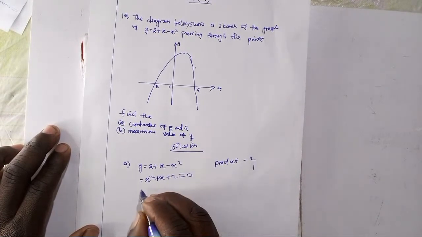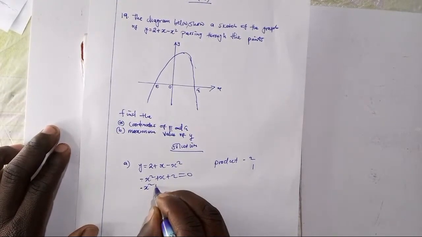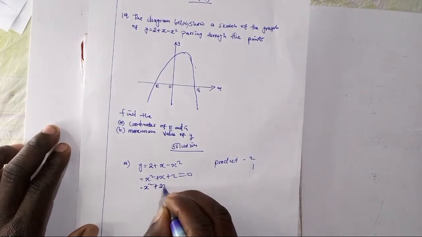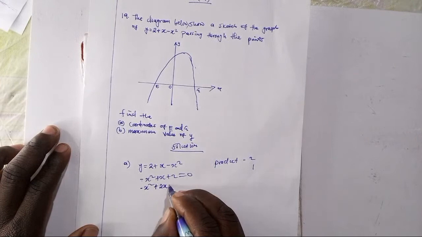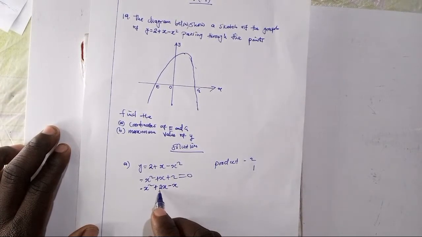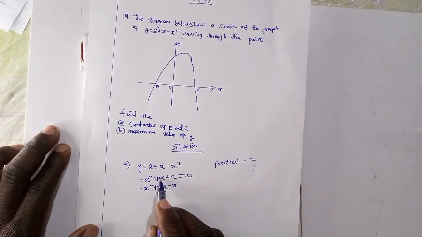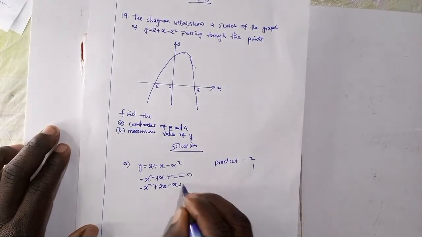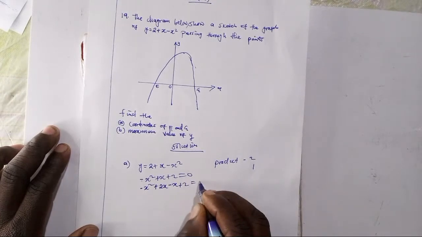So that means our expression is minus x squared plus 2x, then minus x, because when you subtract 2 minus 1, it is 1, which is x, then plus 2, which is equal to 0.